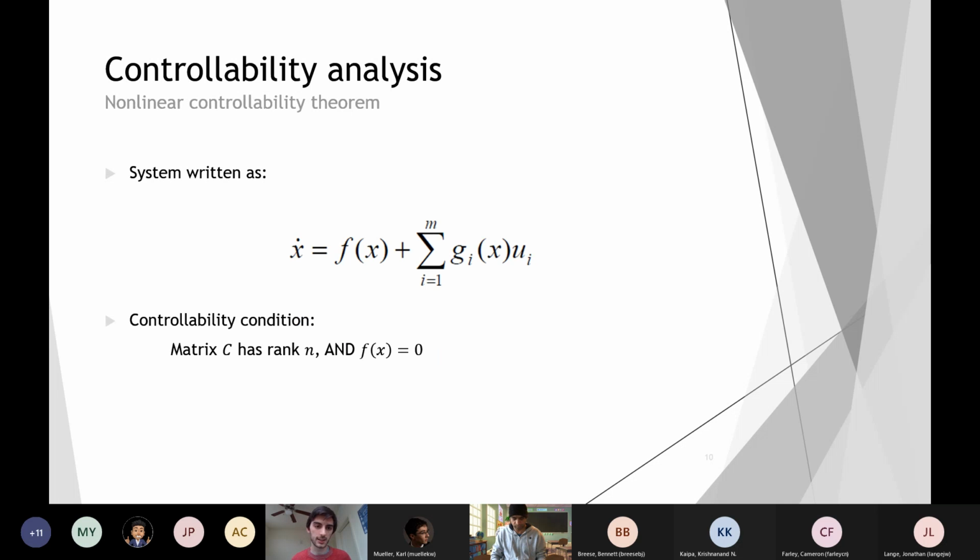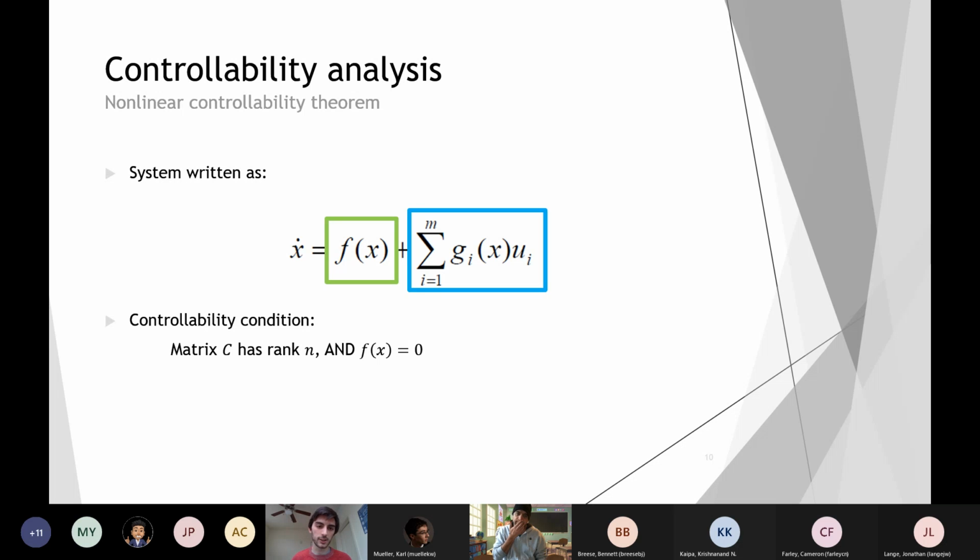And we tested this second theorem, which is for the nonlinear system. We have to write the system with the equations you see on your screen. The first part only depends on state variables, and the second part depends on state variables and inputs.